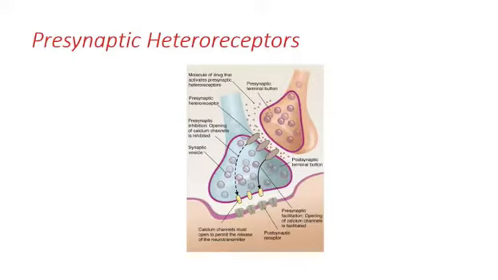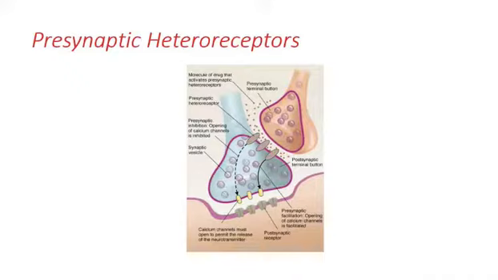And this is an example of presynaptic heteroreceptors, where we have a presynaptic terminal button that would be releasing neurotransmitter into the synaptic cleft to stimulate this postsynaptic terminal button. And these are presynaptic heteroreceptors that can be affected by the drug that, if present in the synaptic cleft, would inhibit the likelihood of the calcium channels opening.